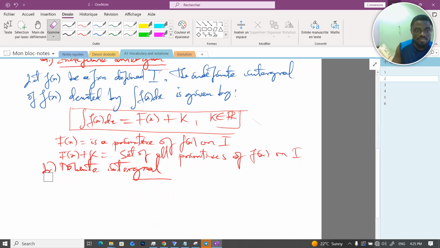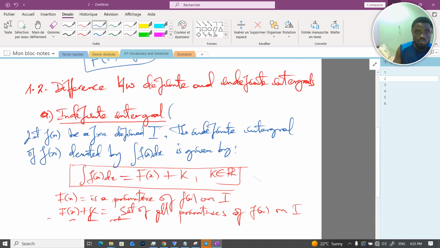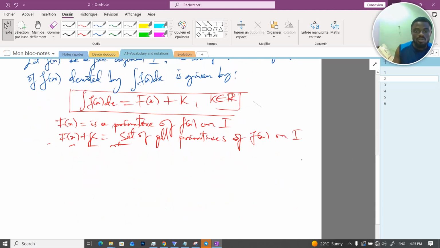Let me wipe this, write it back, and wipe this. Okay, let's take for example, and I said indefinite integrals are also called primitives. Remember that they are called primitives. So let's take for example, you are given f of x equals, don't bother, we're going to see all these properties on how to integrate functions in the next coming videos.